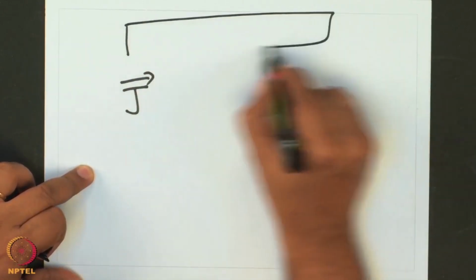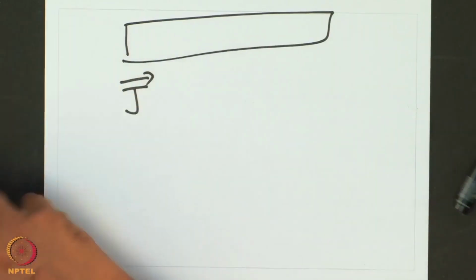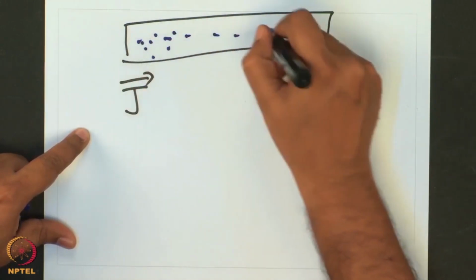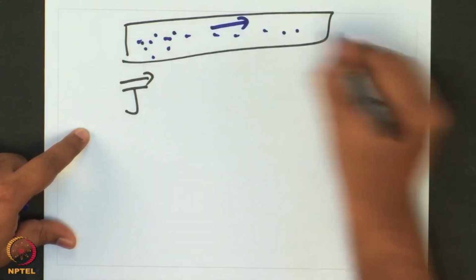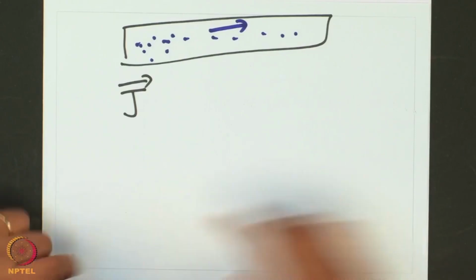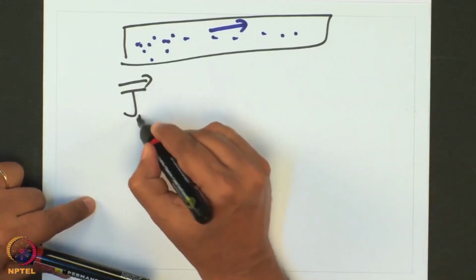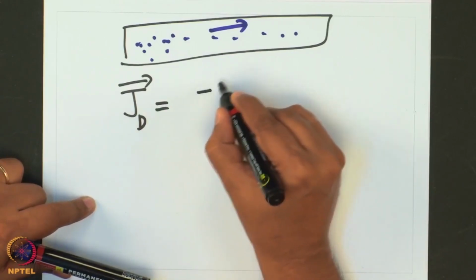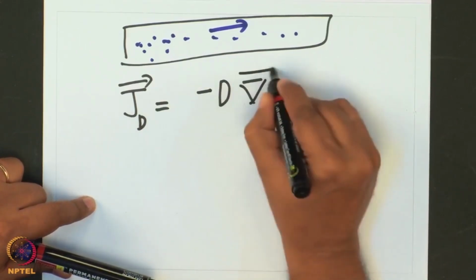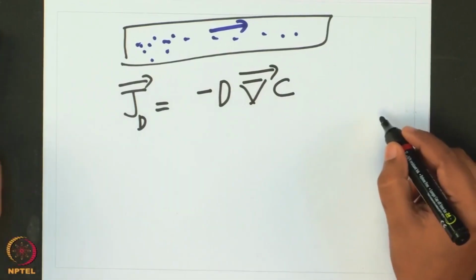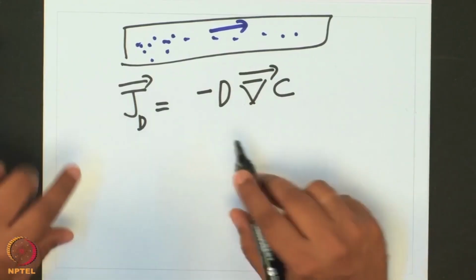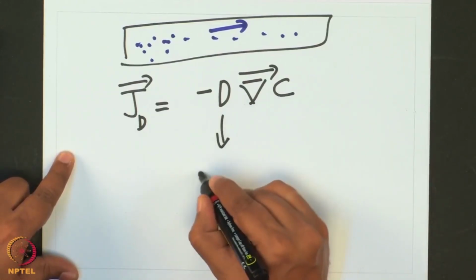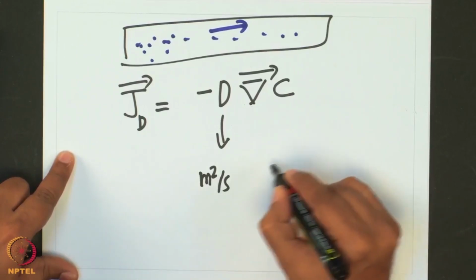When you have a cell or a tube having a high concentration at one end and a low concentration here, there will be a flow in this direction, and this flow J, a diffusive flow due to diffusion, is minus D del C. We find that the dimension of D, or the unit, is meters squared per second.